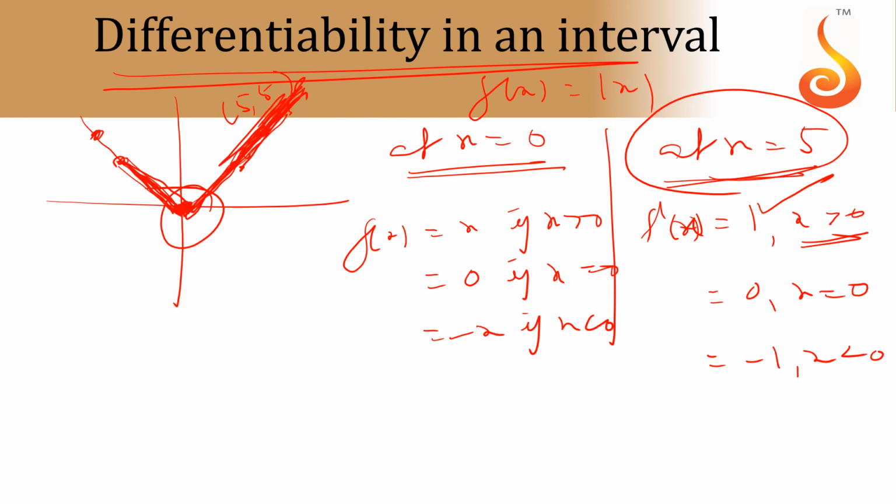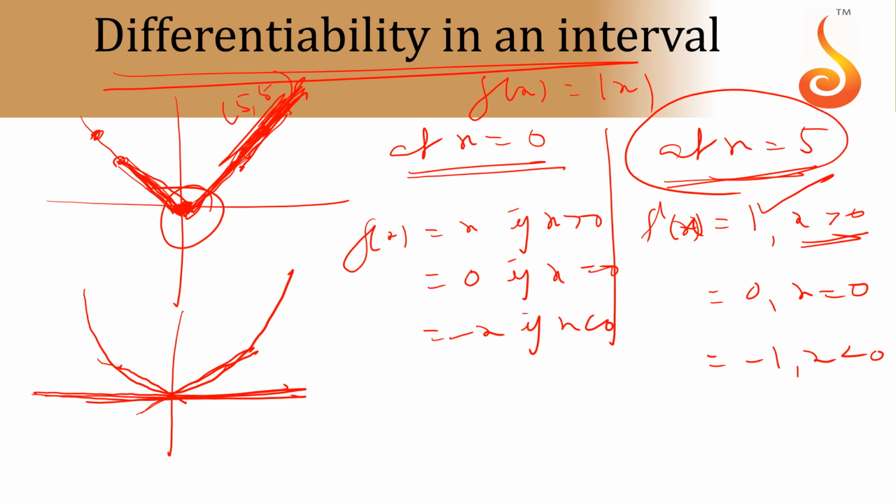So if you observe carefully, suppose the curve is like this at 0, then the left side secant line and right side secant line are not coinciding with the curve. That secant line will tend to this line, the right side secant line also tends to the x-axis, both will tend to the x-axis. What is the difference here?